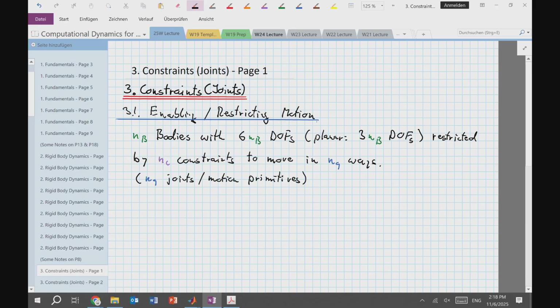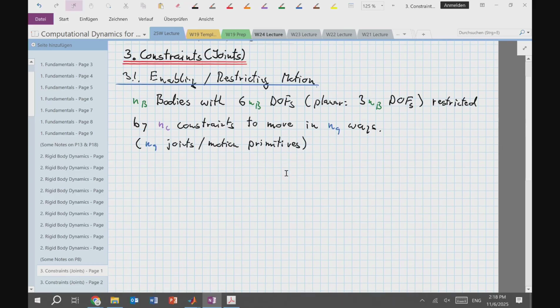I say motion primitives because sometimes one joint can allow multiple degrees of rotation. So my hip joint, for example, has 3 motion primitives: abduction, adduction, flexion, extension, and then internal rotation and external rotation. Those are basically the 3 motion primitives of my hip joint. So one joint, 3 motion primitives would be described by 3 variables, NQ.